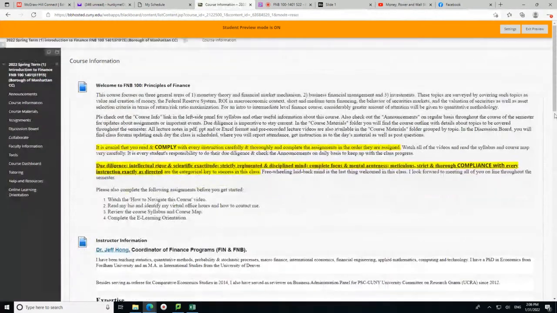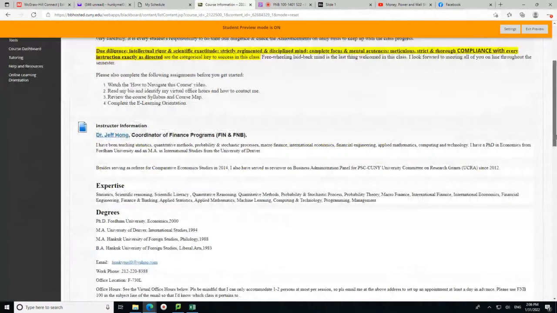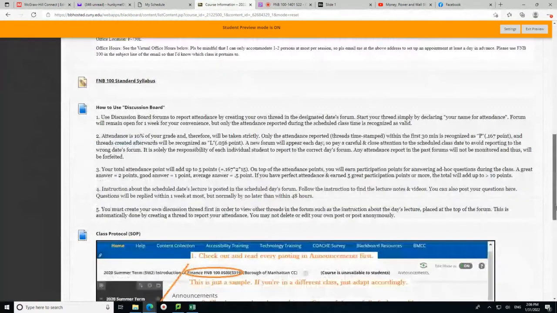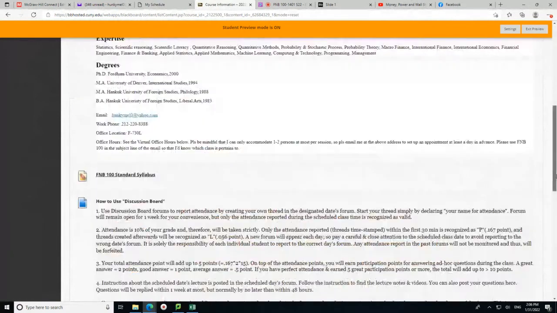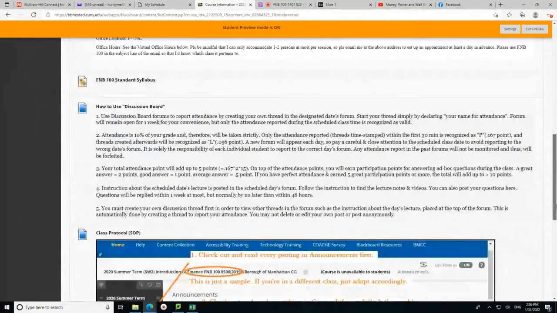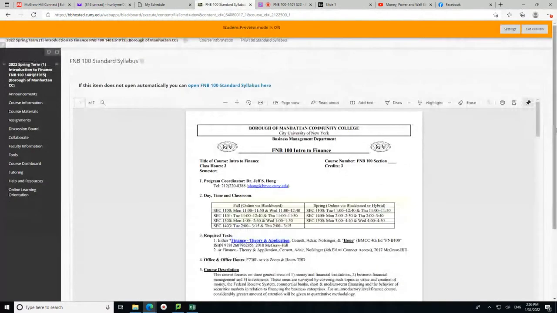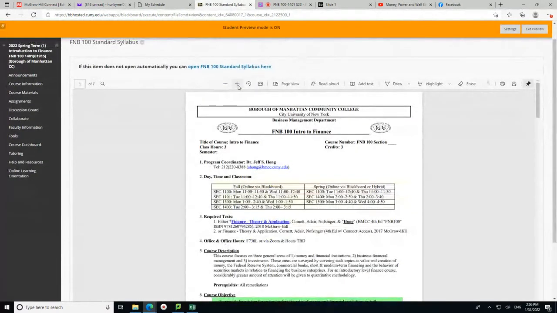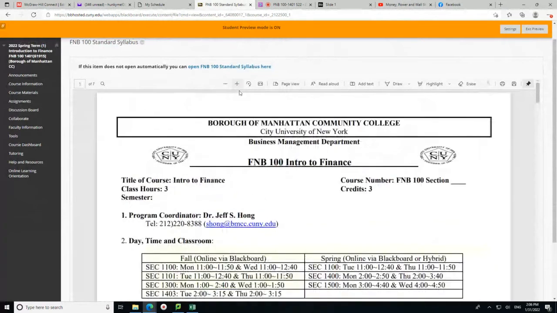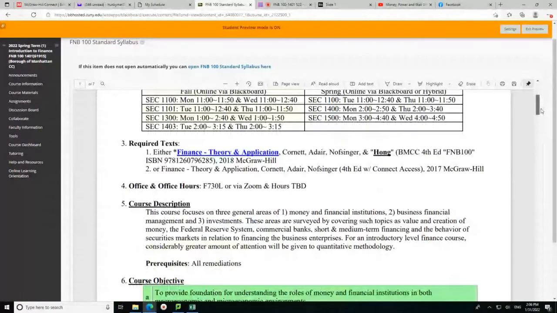And then course information, which basically has the information about the syllabus. If you click on the syllabus, usually this PDF file can be downloaded.